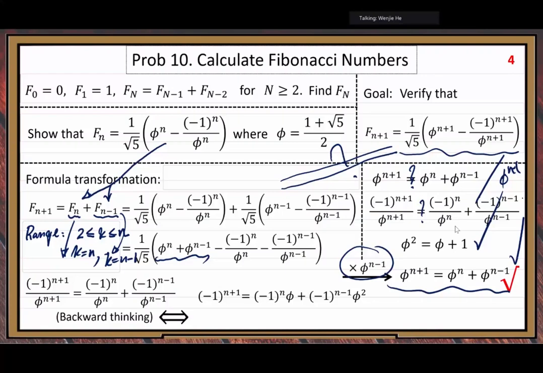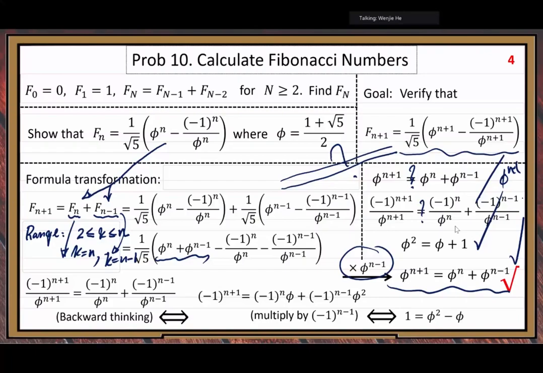So we want to remove the distraction. We want to multiply by a certain power of -1, so let's multiply both sides by -1 to the n minus 1. After simplification, we get 1 equals phi squared minus phi.